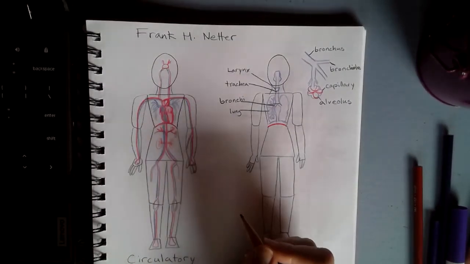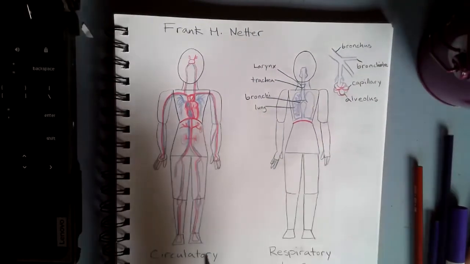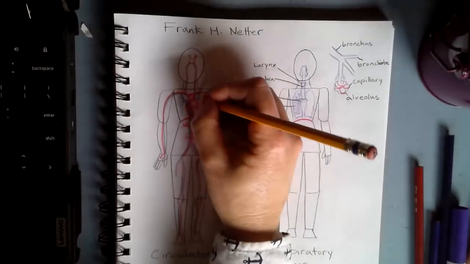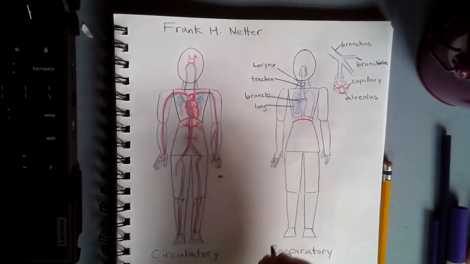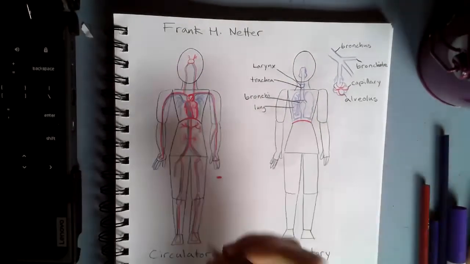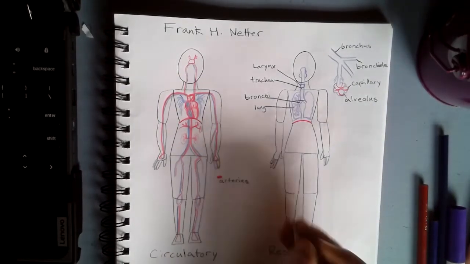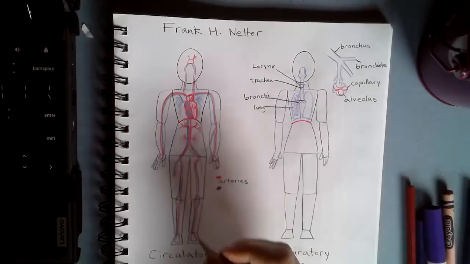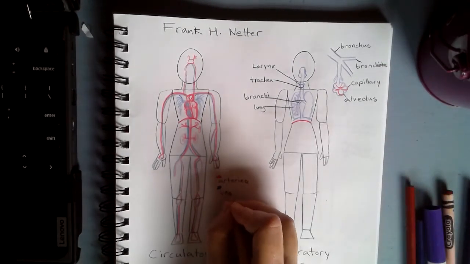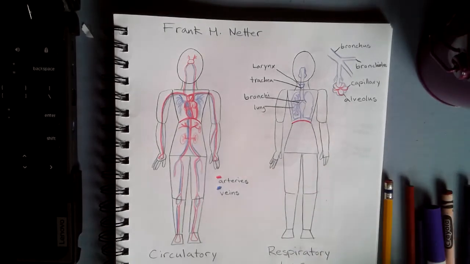All right, so there we have labels for respiratory, circulatory. You simply need to know that red means arteries. Blue, veins. Veins are bringing blood back to the heart, and arteries are taking blood away.